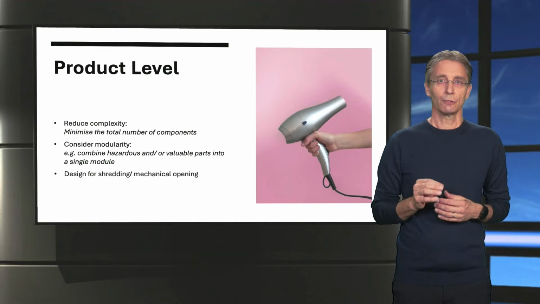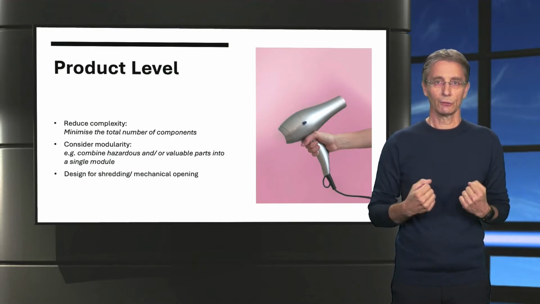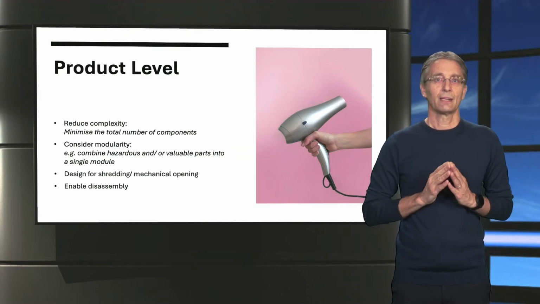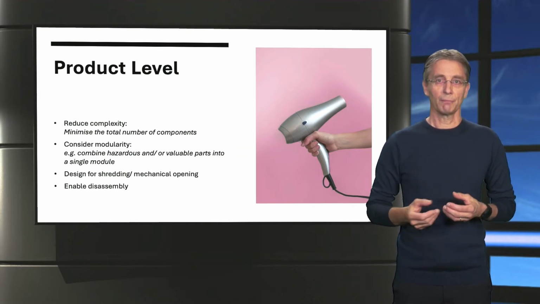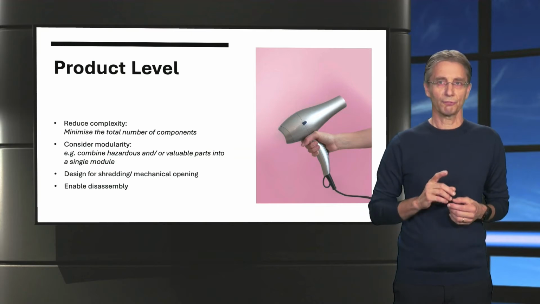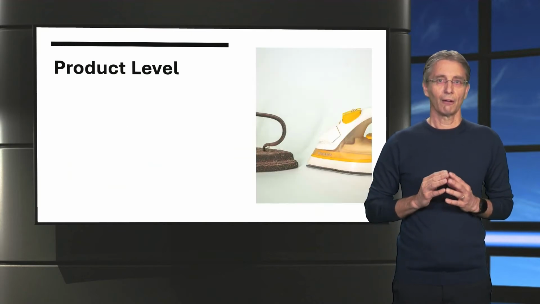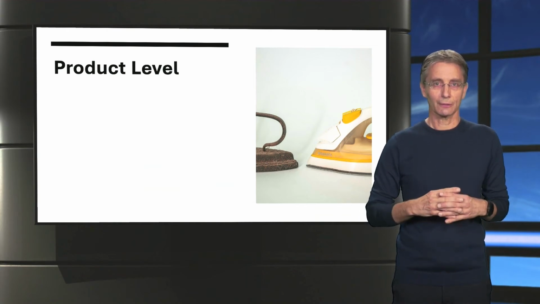Or perhaps you can design your product in such a way that it will easily break apart during initial mechanical opening and shredding. Since waste electronic equipment may be partially dismantled before it is shredded, also think about how easily your product can be disassembled.